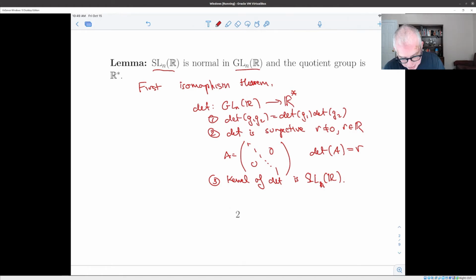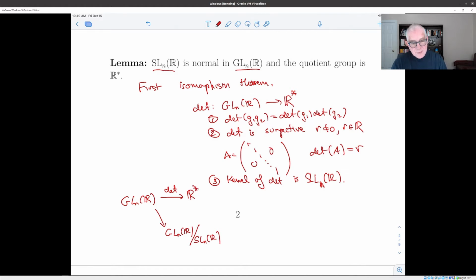And the first isomorphism theorem says that if we take GLNR and we map it to the quotient group GLNR mod SLNR, and we take here the determinant to R star, there's a bijective map between this quotient group and the image of this map determinant, but the image is all of R star. So there's a bijective group homomorphism here. So GLNR mod SLNR is isomorphic to the multiplicative group of the reals, just like for GL2R mod SL2R.